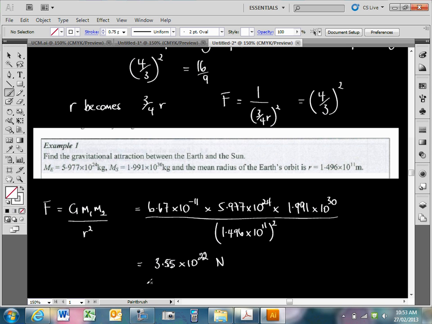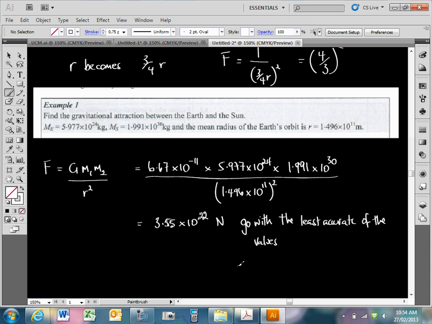That's right, nice. Go with the least accurate of the decimal places of the values. It equals 3.546 by 10 to the power of 22 newtons.